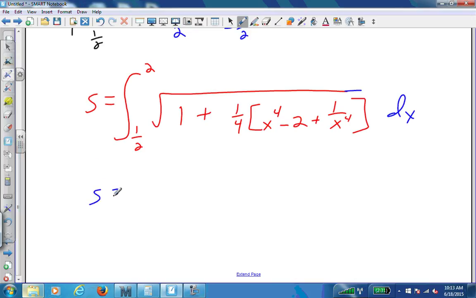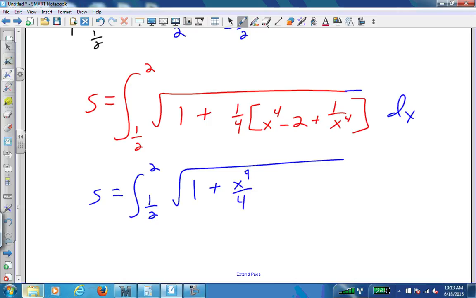So S equals the integral from 1/2 to 2 of the square root of 1 plus x to the 4th over 4, positive times negative is negative, 1/4 times 2 is 1/2, and 1/4 times x to the 4th, 1 over 4 x to the 4th.